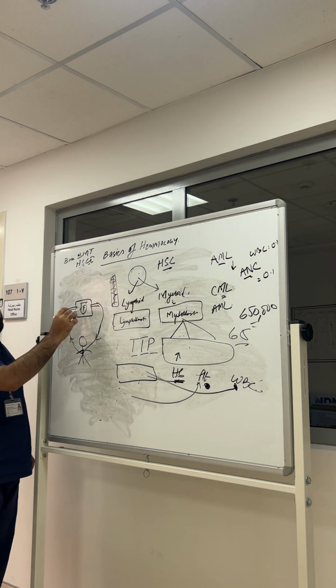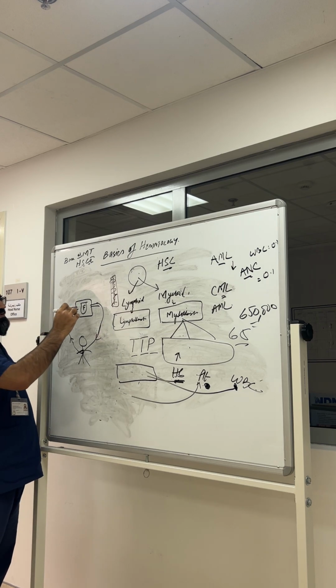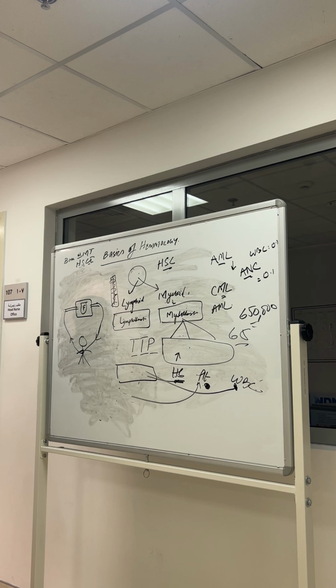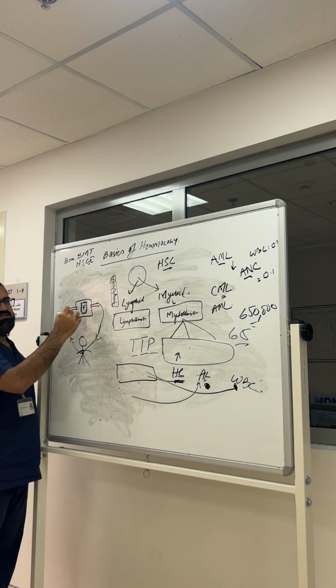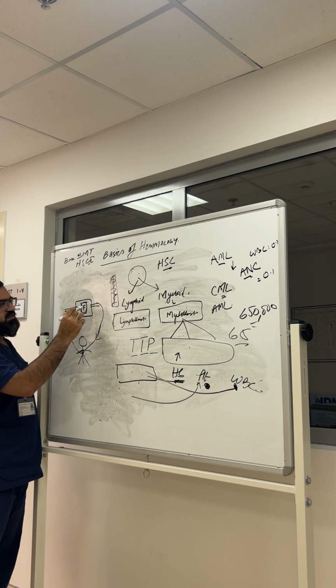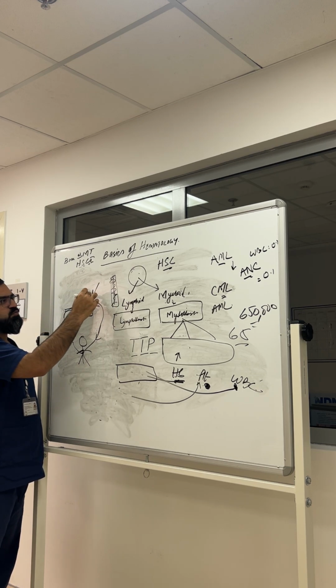But what are you filtering? It depends on the problem. Let's say someone has a problem in his plasma, a lot of IgM. IgM is in the plasma, not in the hemoglobin. So you put a filter that takes out the plasma from the blood, and we give him FFPs.